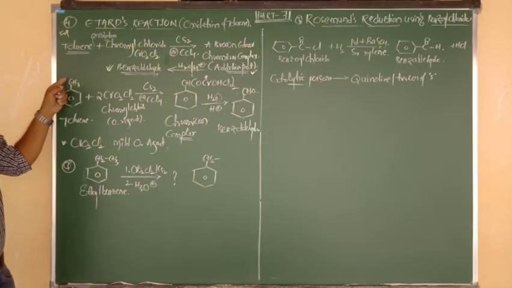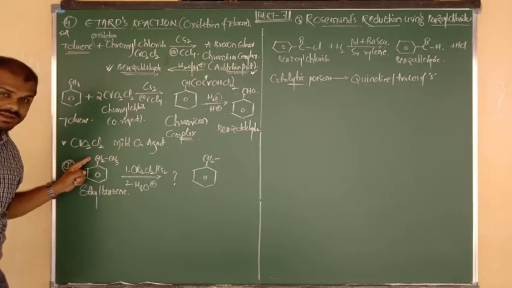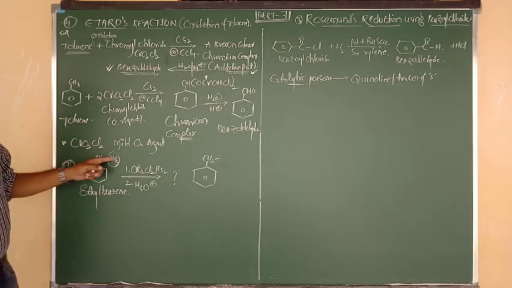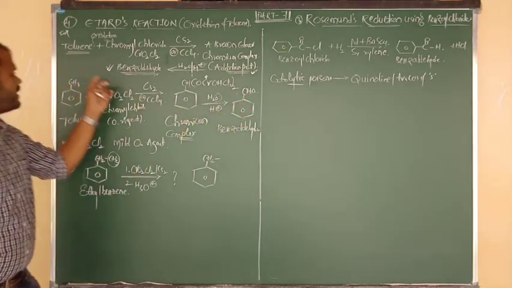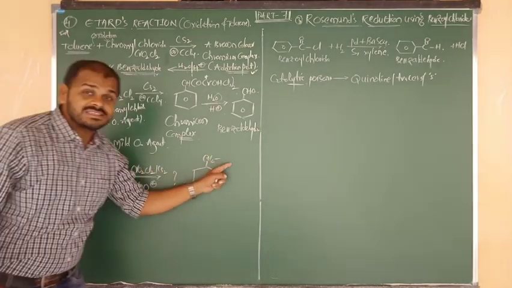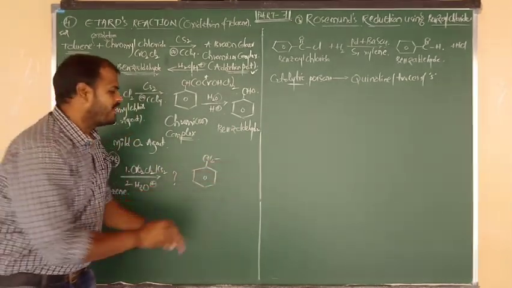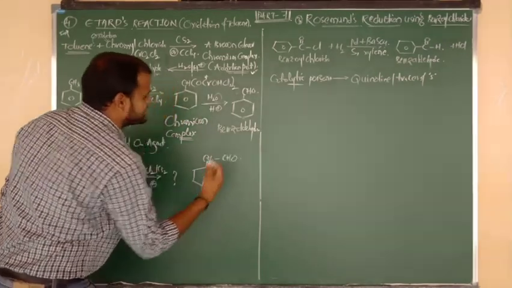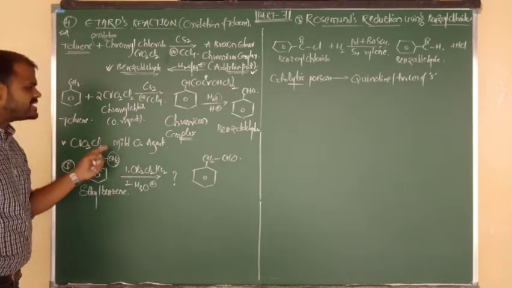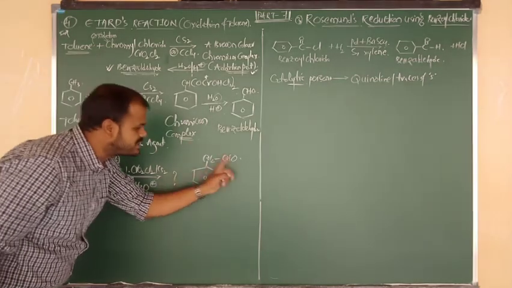Here the terminal is CH3. Only the terminal carbon gets oxidized into CHO. Terminal CH3 oxidizes to CHO. I hope you understand. Only the terminal carbon of the chain is oxidized by CrO2Cl2 into the CHO group.